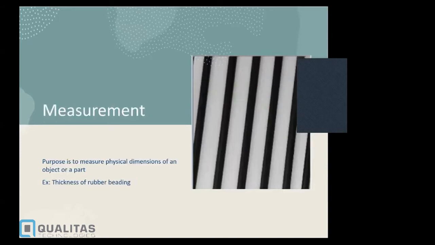Okay. The second distinct application is measurement, right? A very common application of machine vision is measurement, right? So the purpose of measurement is to measure physical dimensions of an object or a part, right? As an example, this is a rubber beading, and you want to measure the thickness of this rubber beading, right? And that's an example of a measurement.